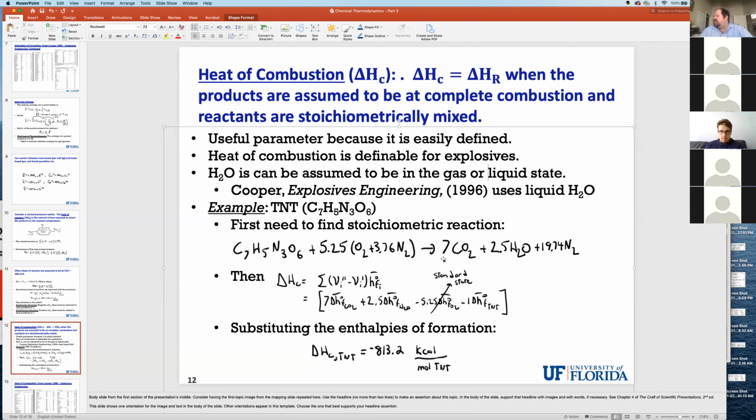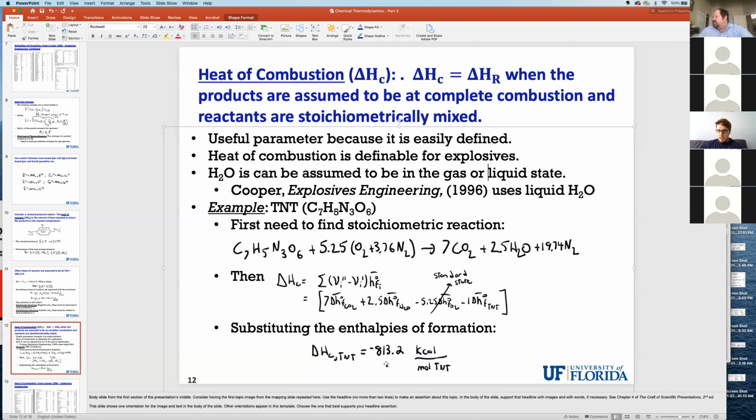We have 7 on the product side and 0 on the reactant side, so it's 7 times that enthalpy of formation, and so forth for H2O, N2, O2, and also TNT. If you substitute in the enthalpies of formation, you get that the heat of combustion for TNT is minus 813.2 kcals per mole of TNT. Okay, so it's pretty straightforward. It's just a matter of basically looking up.